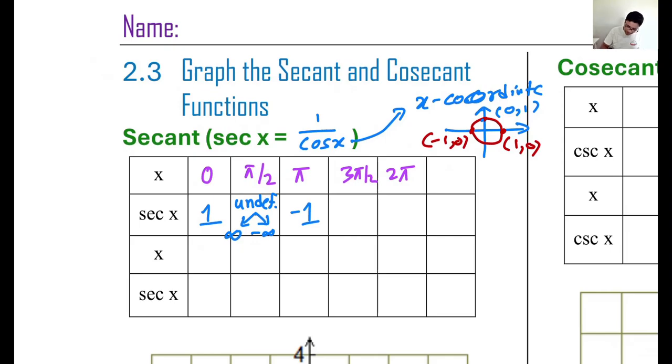The point on the unit circle is (0, -1). So the x coordinate is 0. Cos 3 pi over 2 is 0. Hence, sec 3 pi over 2 is again undefined. What that means is plus or minus infinity on two sides. And finally, 2 pi is the same as 0, right? Its value is 1 again.